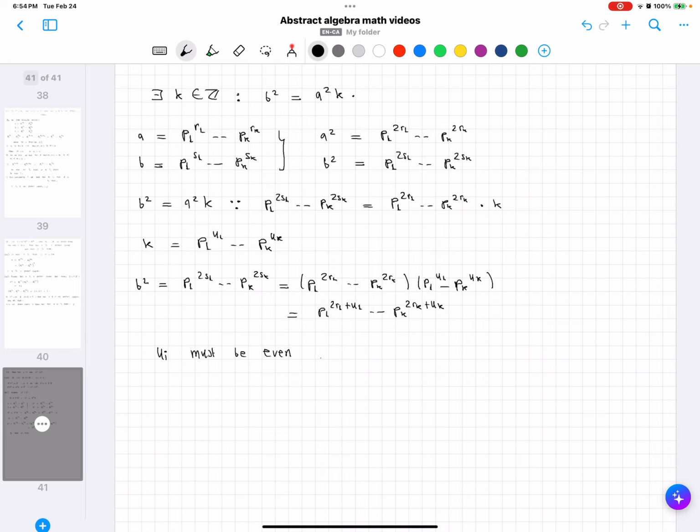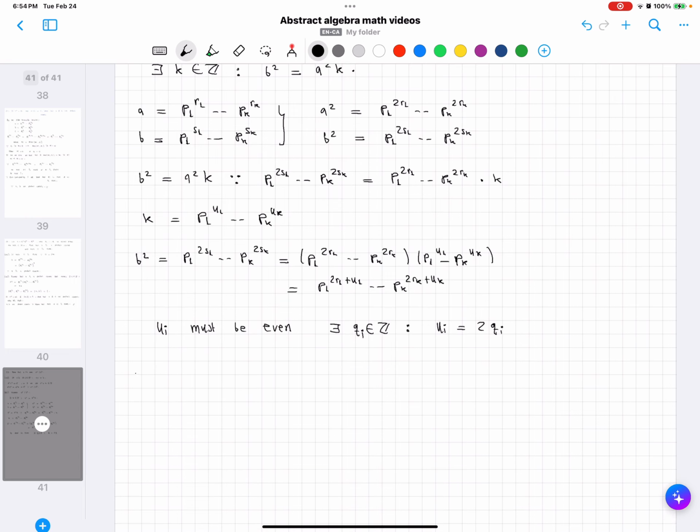So from there, it follows that there exists a Q belonging to Z such that Ui is 2Qi.